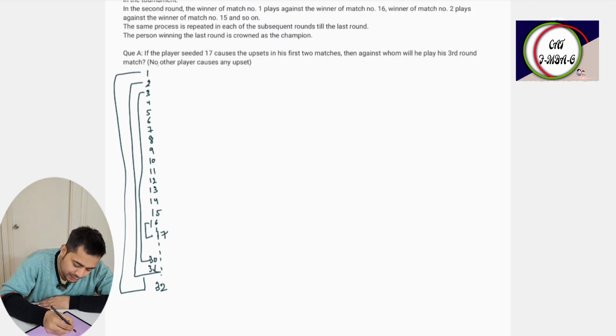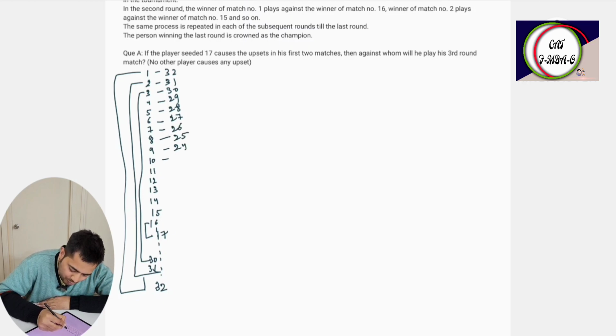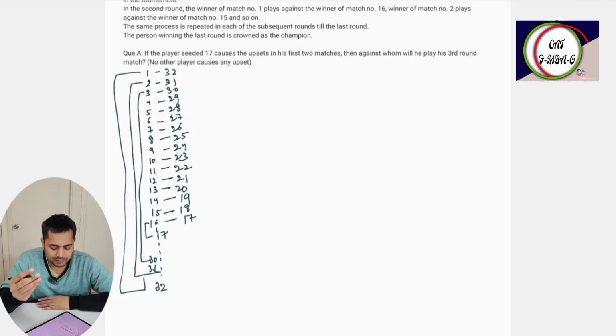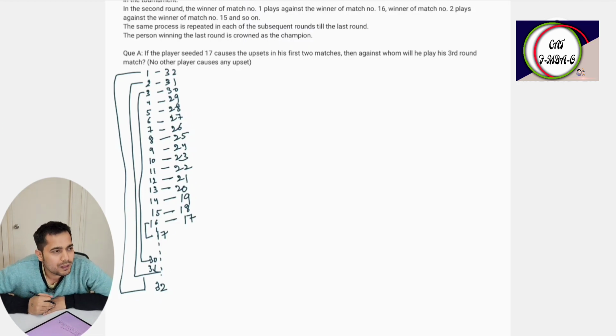So you can directly write 1 plays against 32, 2 against 31, 3 against 30, 29, 28, 27, 26, 25, 24, 23, 22, 21, 20, and then 19, then 18, then 17. Okay, 1 plays against 32.